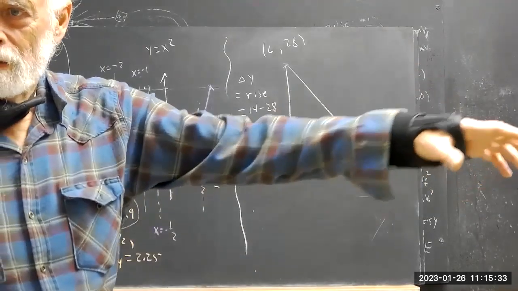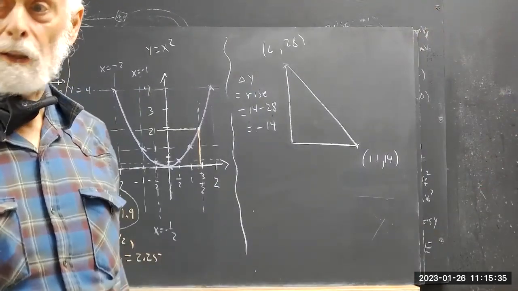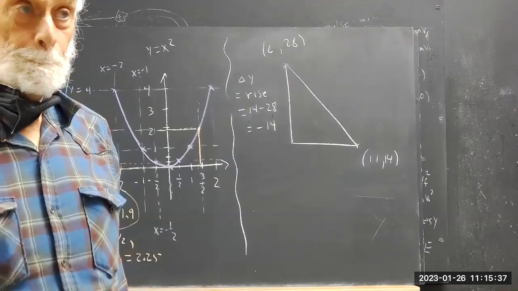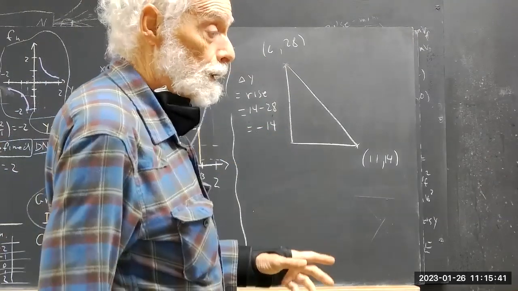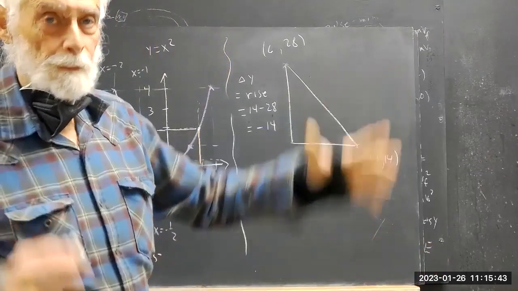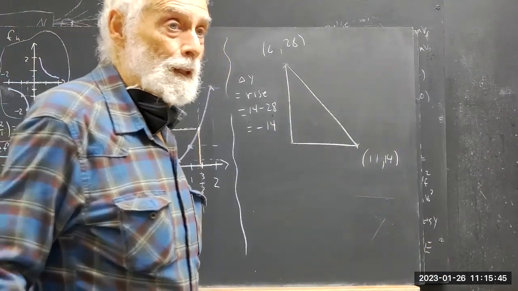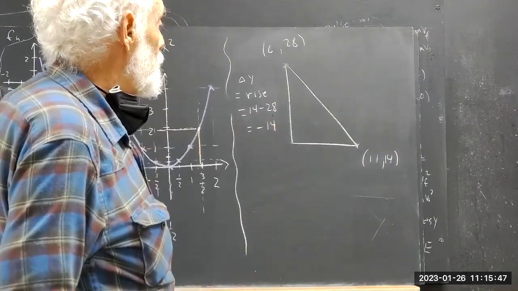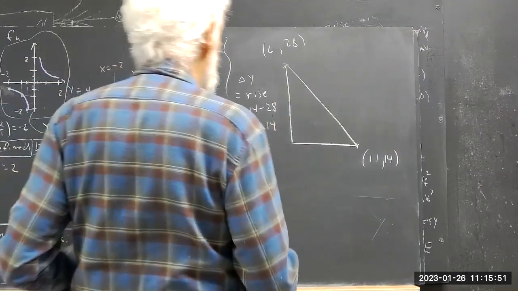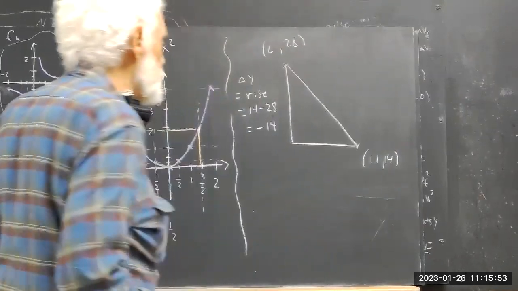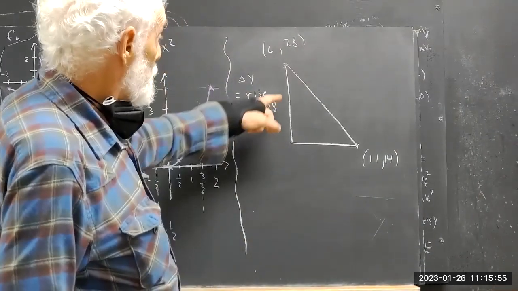Not off to the side, not someplace else where you're not going to spot it. Right there in the triangle. The triangle is big enough, and the one I gave you in the homework filled most of the page. That's what you would want to put down if you have room. If not, you just put the minus 14 there.